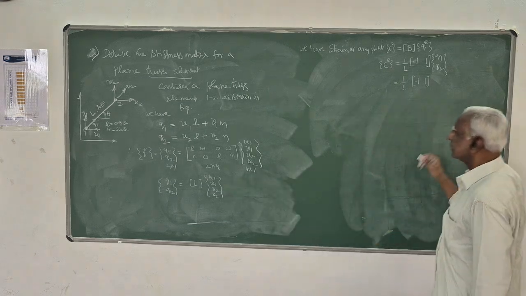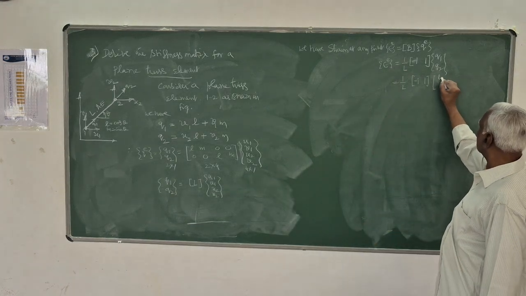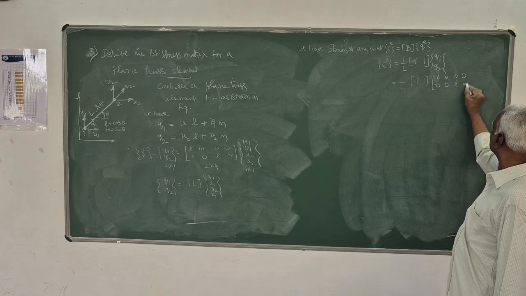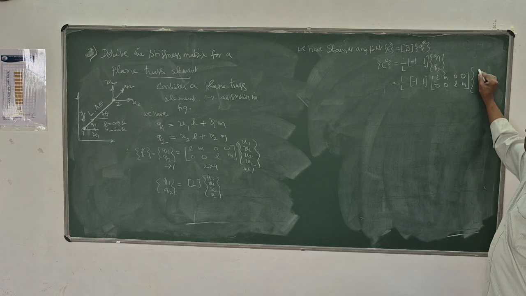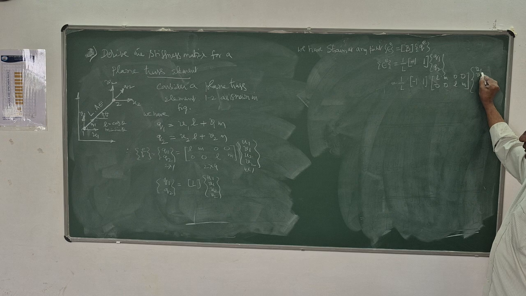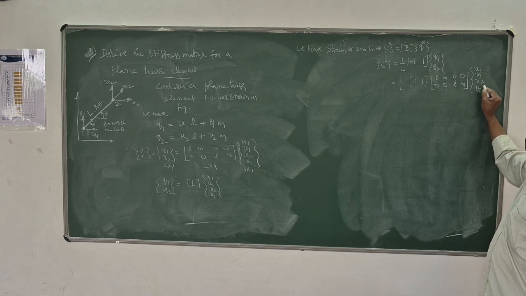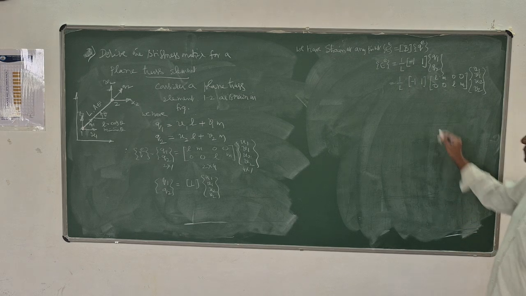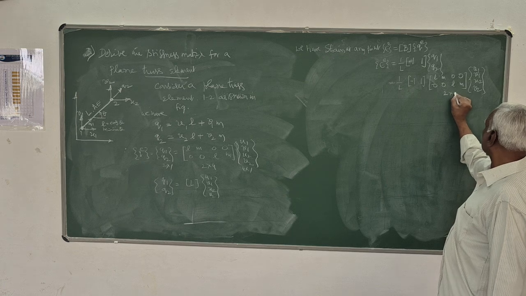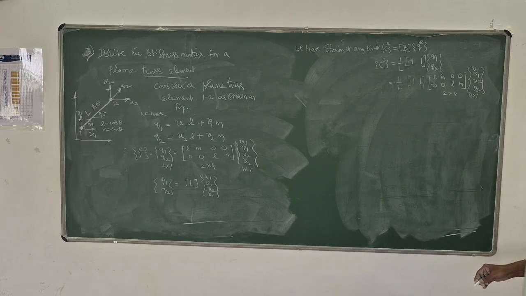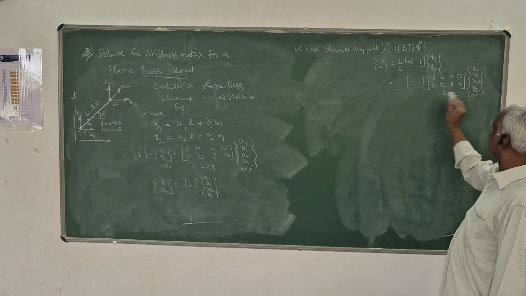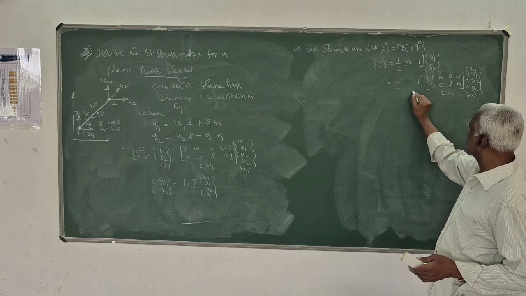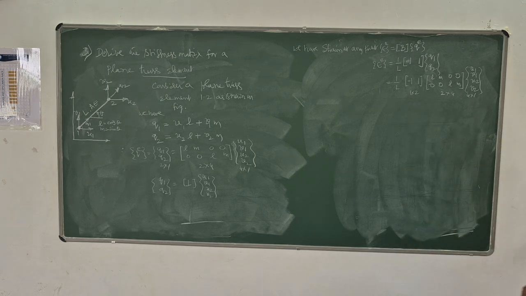Now I will write this. This is l, m, 0, 0, 0, 0, l, m. This is 2 by 4. This is 4 by 1. This is 1 by 2.